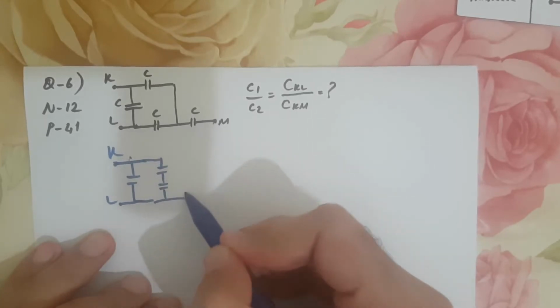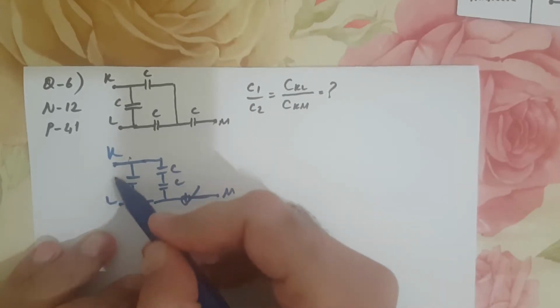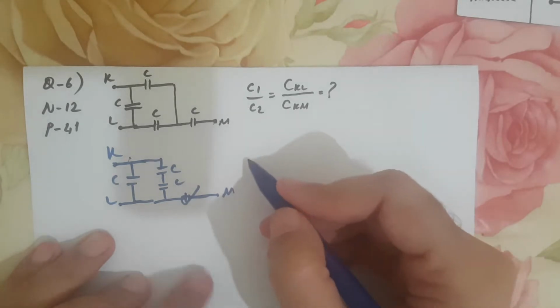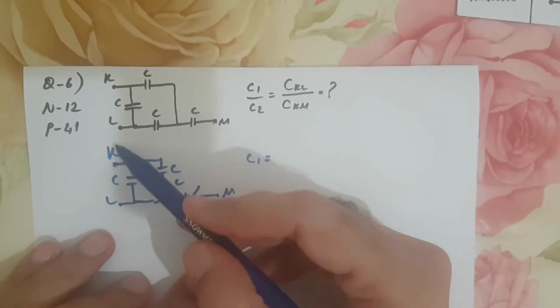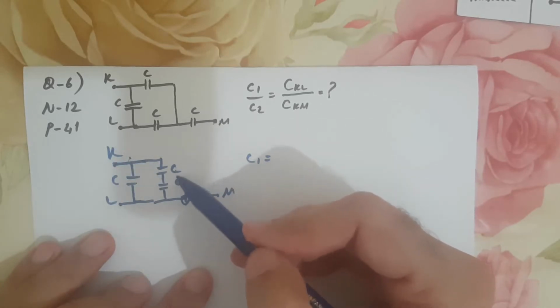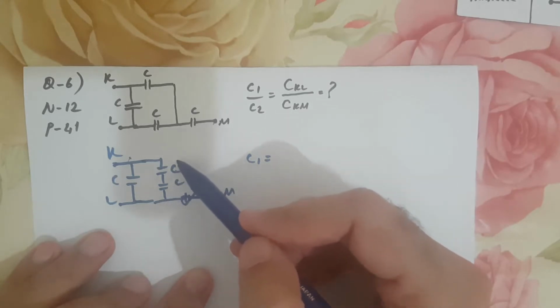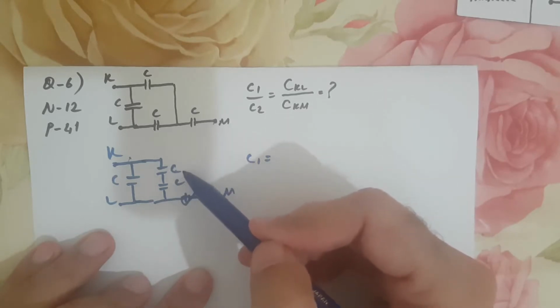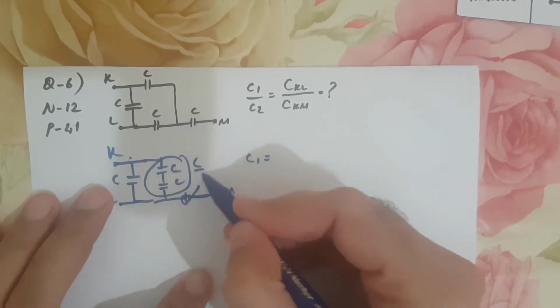So this one is cancelled, and this one is C. Now C1 is between K and L. If they are in series, it becomes 1 over C plus 1 over C, so C over 2.